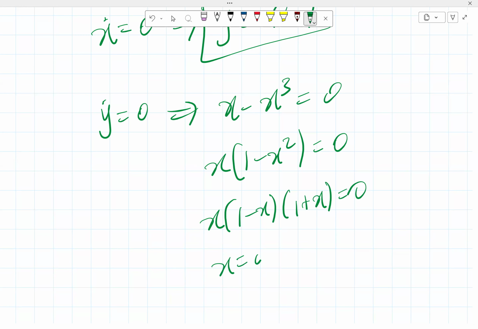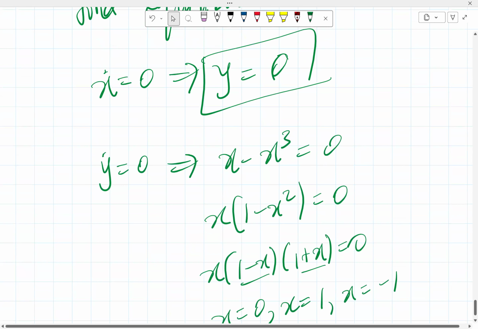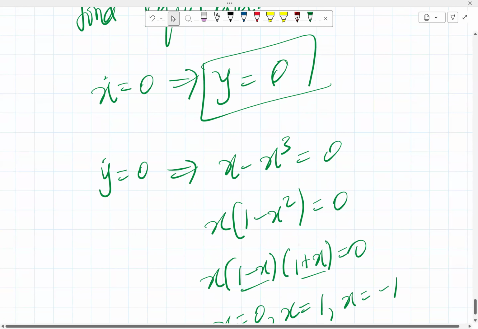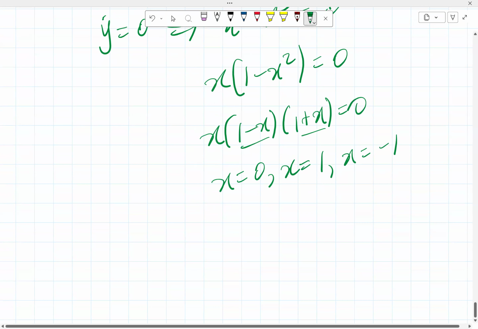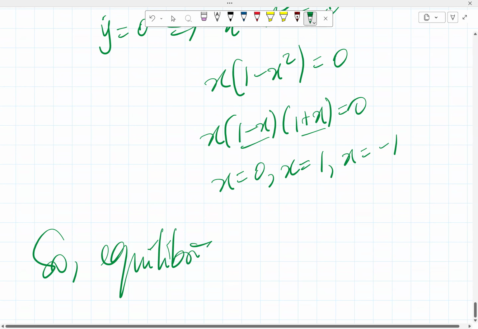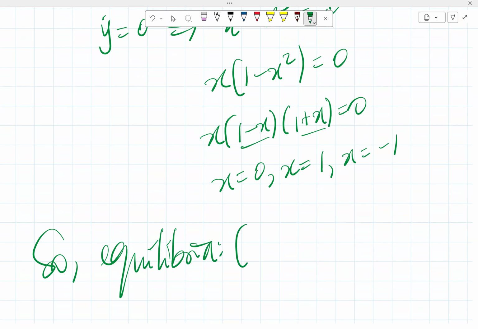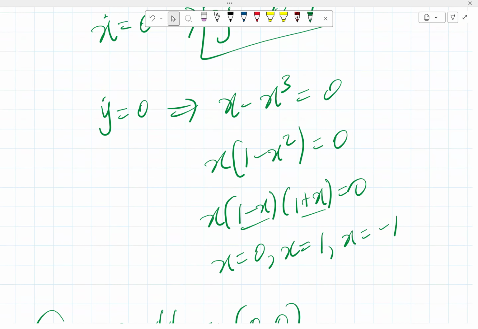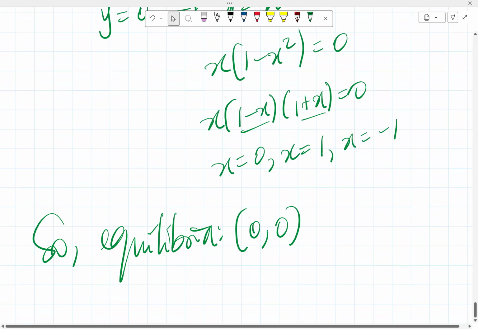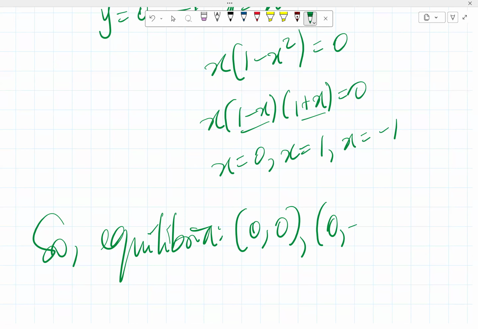So x is 0, x is 1, and x is minus 1. You can then pair up this y equals 0 with all these points. So for the equilibria, take this 0 and that 0 for y, then the next one, you can take 0 with 1, anyhow you want it.